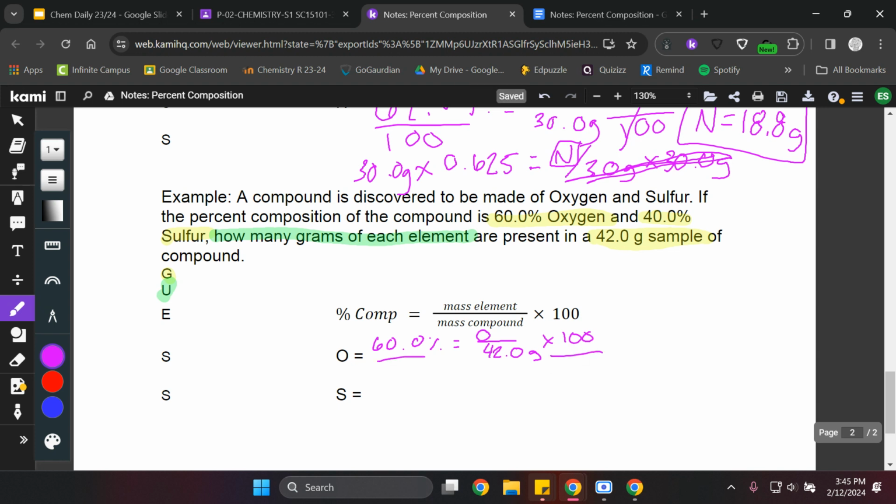If I divide both sides by 100, I get 0.6 is equal to oxygen divided by 42 grams. So I'm going to multiply both sides by 42 grams in order to cancel. 42 on top, 42 on bottom, those cancel. So our mass of oxygen is 42 times 0.6, or 25.2 grams.